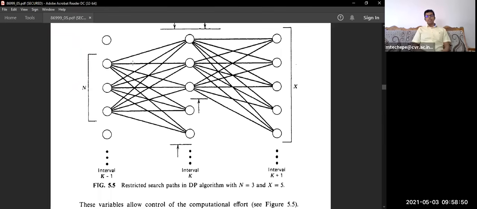A neural network mimics our human brain. How does the human brain work?